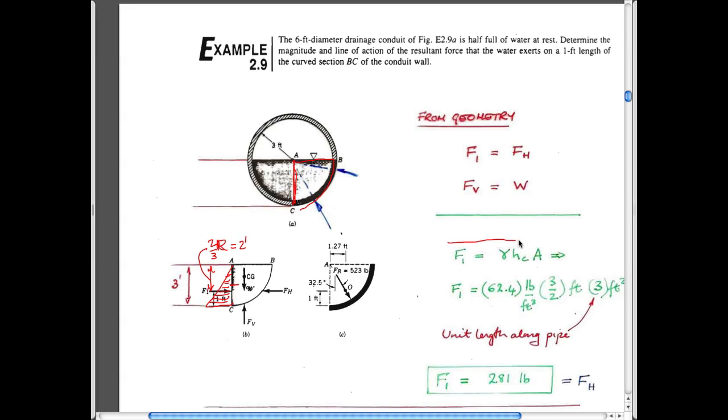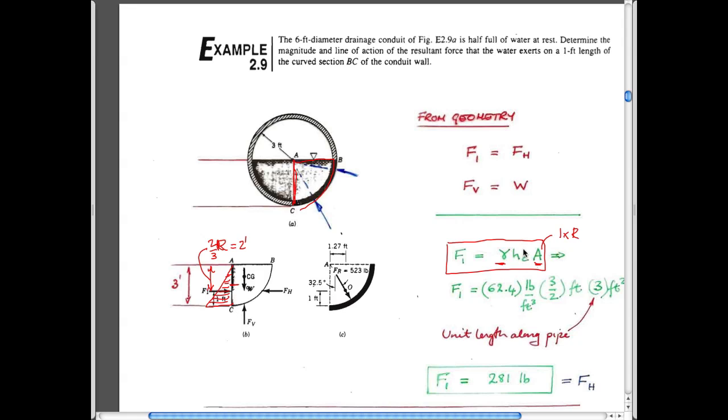So we can get the force that acts horizontally, which is equal to the unit weight of the fluid, water, times the area that it's applied on, for a 1 foot length. So this area is going to be 1 foot times the radius, right? This height here times 1 foot into the board.